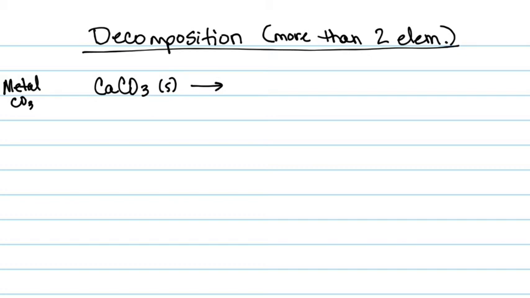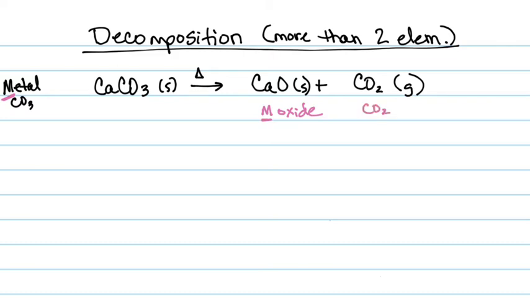Calcium carbonate, whenever it breaks down in a decomposition reaction, add a little bit of heat to it, it gives off calcium oxide and carbon dioxide gas. Now, since it's a metal carbonate, it breaks down into the metal oxide, so M for metal oxide, and carbon dioxide gas.